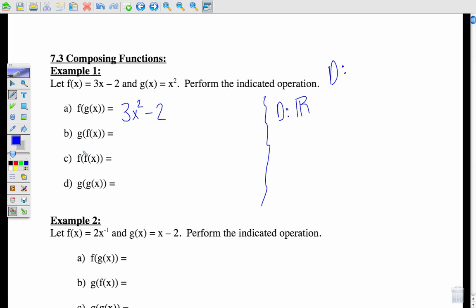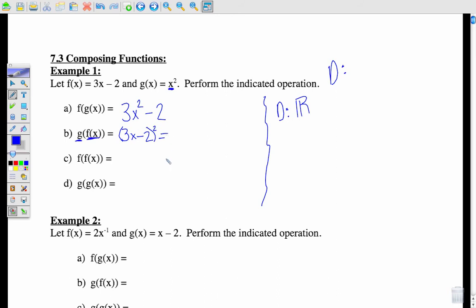All right, g of f of x, this would be the g of f, and that's not a technical term, I'm just making that up, but it's pronounced g of f of x, meaning I would start now at the g, so I'm going to start right here. Everywhere I see an x, though, I'm going to put whatever f of x is. So right here I see an x immediately, so I'm going to put my f of x, which is 3x minus 2. Don't forget to put stuff in parentheses, and I have to square it.